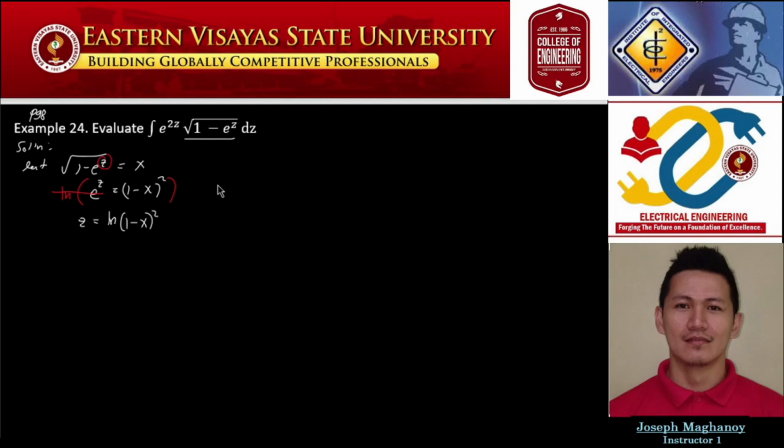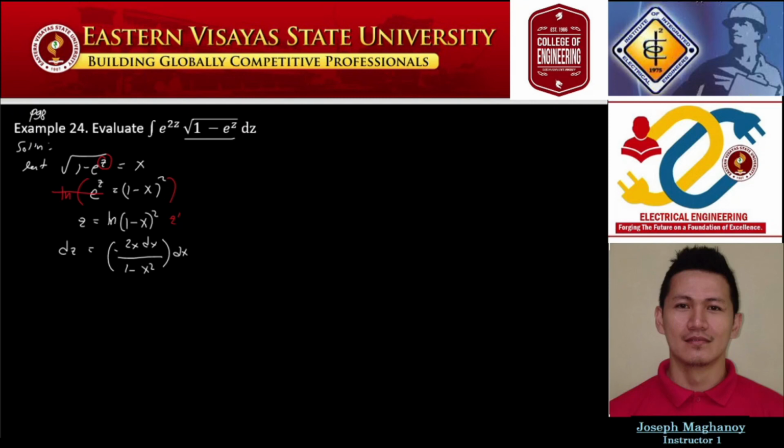And you need to get the first derivative of your z. If you do so, that would be dz equal to negative 2x dx all over 1 minus x squared, with respect to x of course.